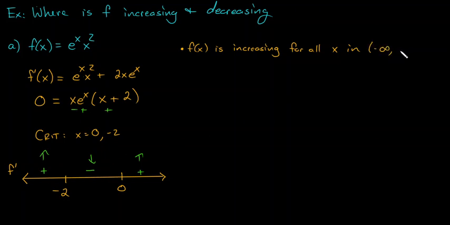Negative infinity to -2. Do I touch -2? So that's a weird question. It's 0. At 0, I wouldn't say it's increasing anymore. I'm not going to touch it. Union, what? Okay, boom.